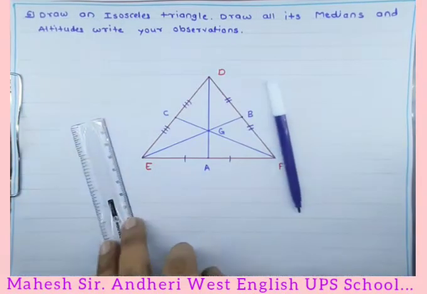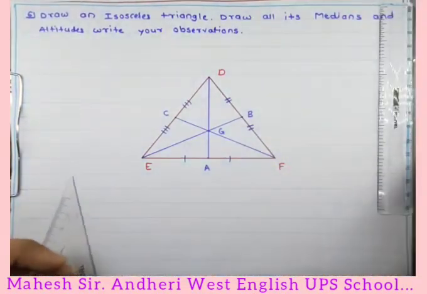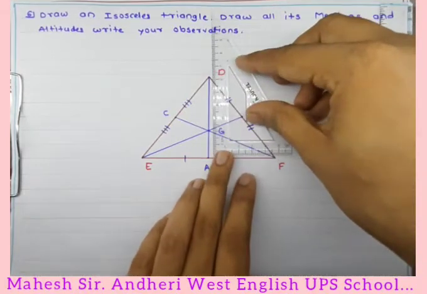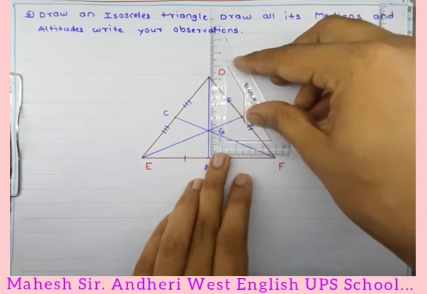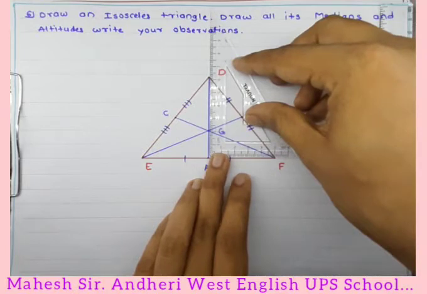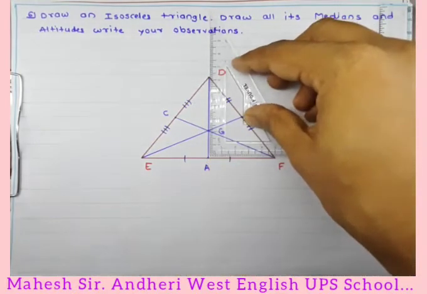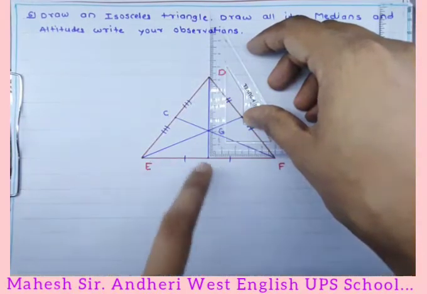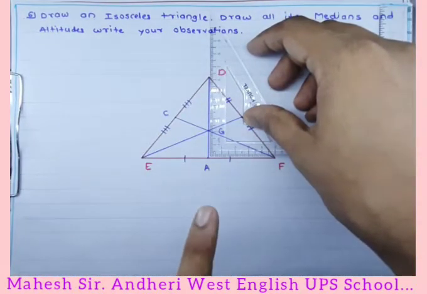Now with the help of a set square we will draw the perpendicular, that is the altitude. So from D, we can see that DA, which is a median, is also the perpendicular.